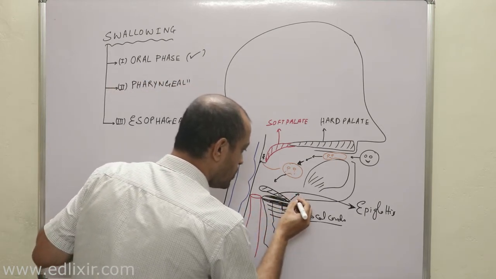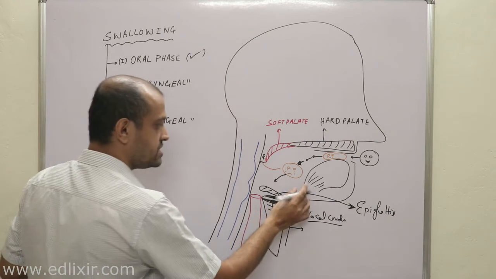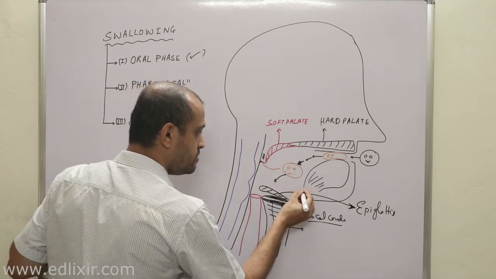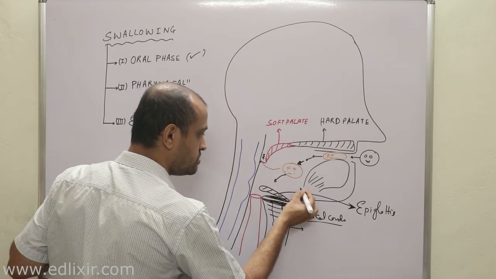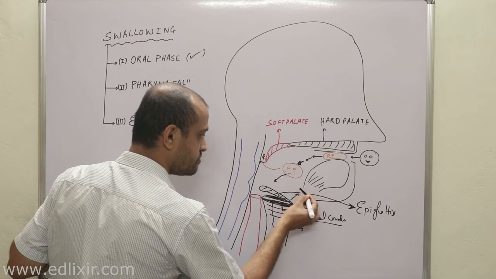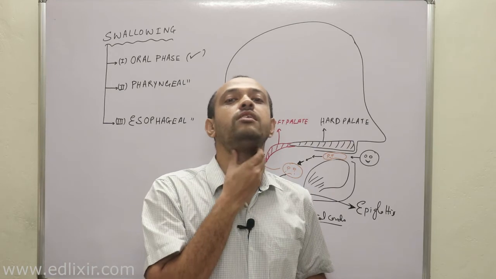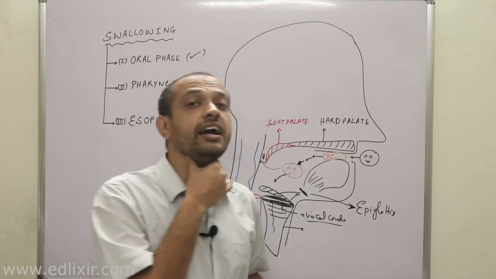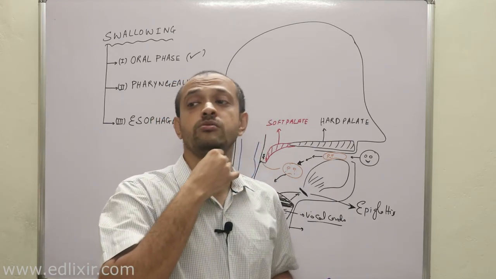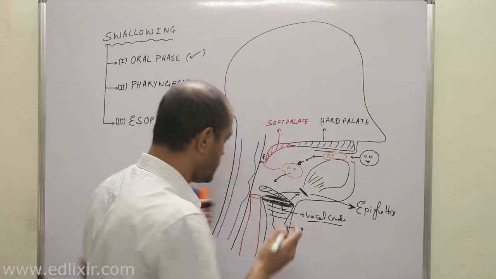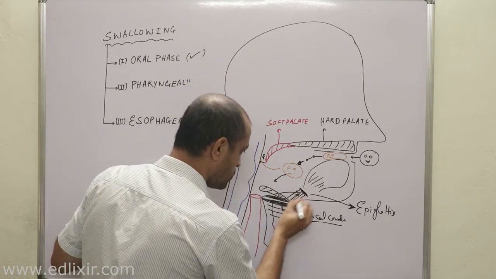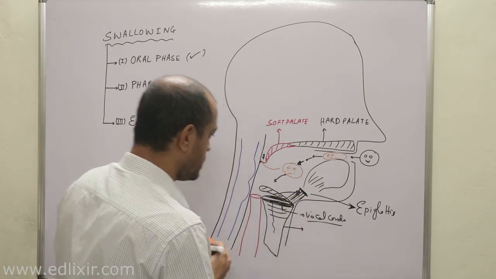Now, which muscle is doing this? There are many muscles involved here. The most important thing to understand is that there is a bone here called the hyoid bone. This hyoid bone is connected to many hyoid muscles, which are connected to this whole arrangement.